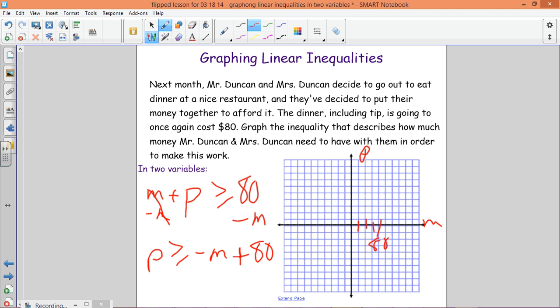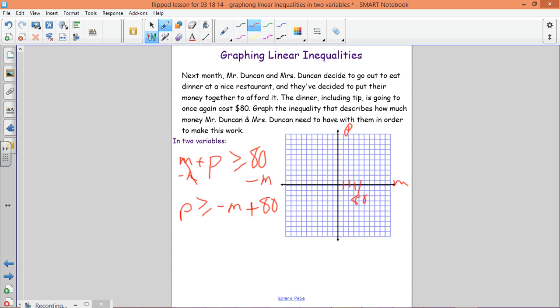Okay? So how do I graph that? Well, you have no idea how to, but I'm going to tell you to just, for a second, pretend that this is p equals negative m plus 80. Again, that might look confusing to you, but just remember that p is really y, m is really x.